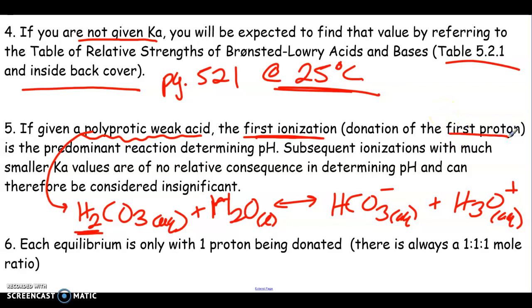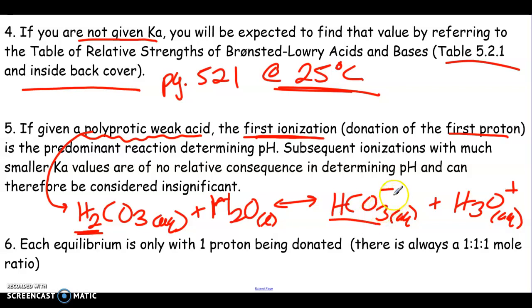The reason why is because after carbonic acid loses a hydrogen ion, even though bicarbonate has one more hydrogen ion to give away, it's actually much weaker after that first ionization.